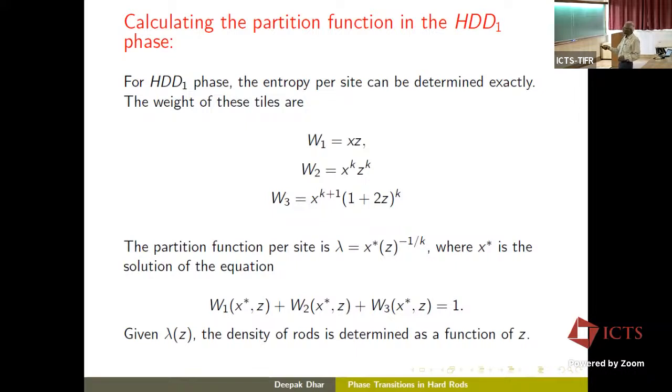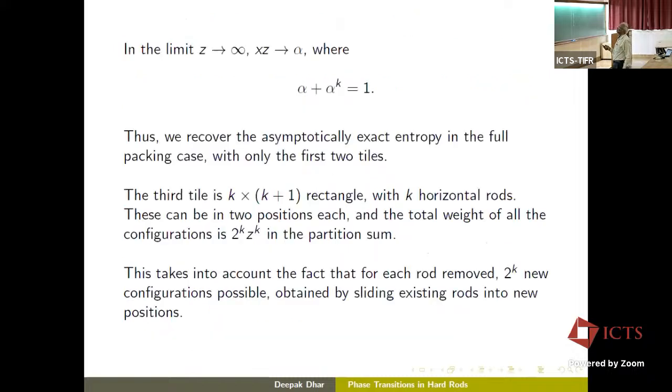Okay, and then you write the condition for finding the density and determine the roots. And in the limit z goes to infinity, the equation is the same, and we recover the exact entropy of the full packing case with just 2 tiles. The third tile, what is the effect?